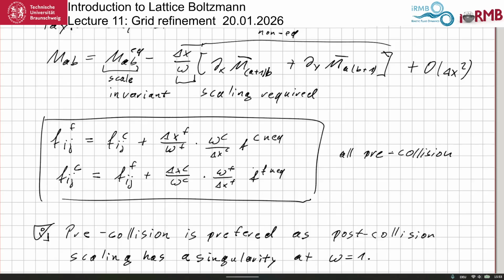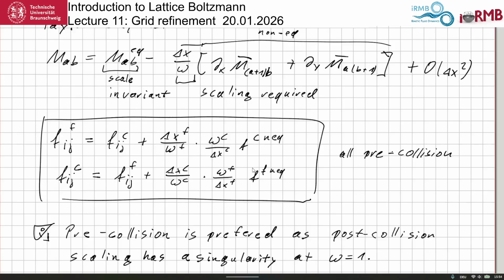We don't need to look at the equations. What you know is when you have omega equal to 1, your post-collision is the equilibrium, right? So from this, you can no longer reconstruct the non-equilibrium part, and therefore you have a problem, yeah? And just by using the pre-collision state, you avoid this, yeah? Very simple.